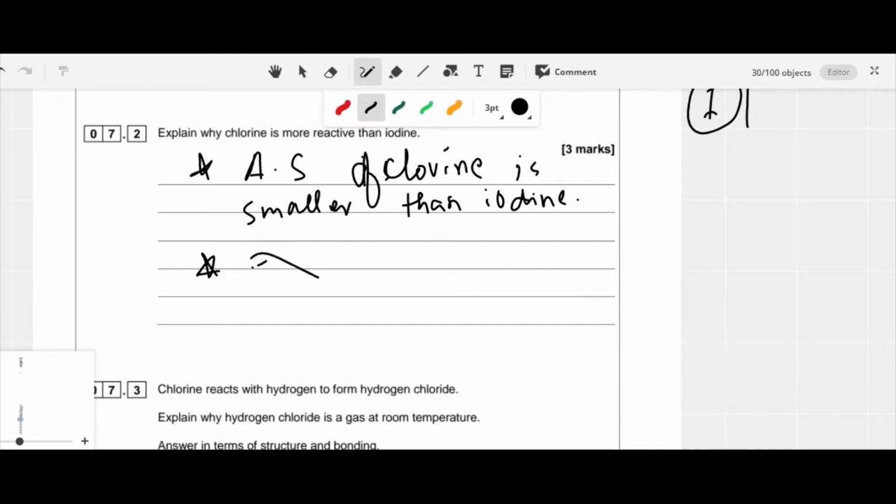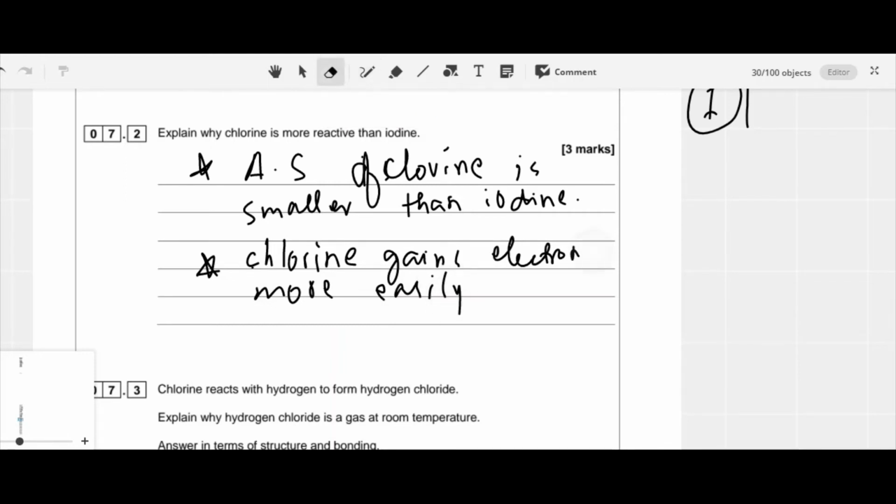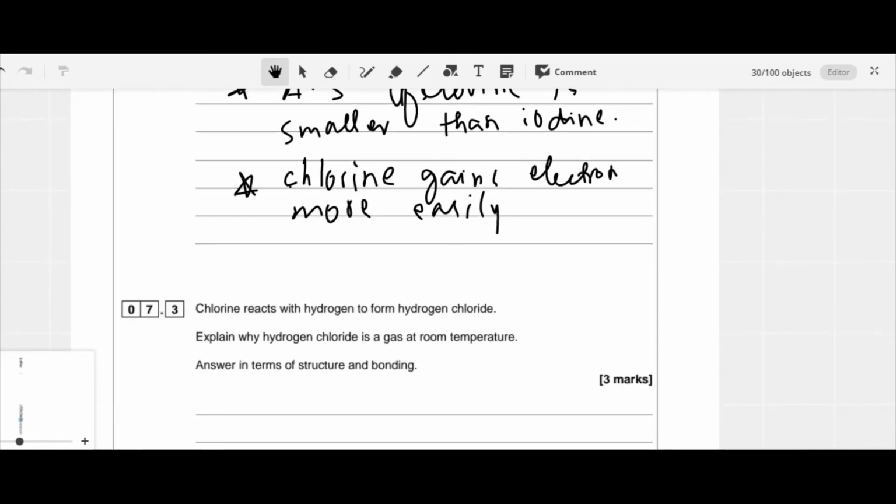So chlorine gains electrons more easily. Students, we can write any of them.